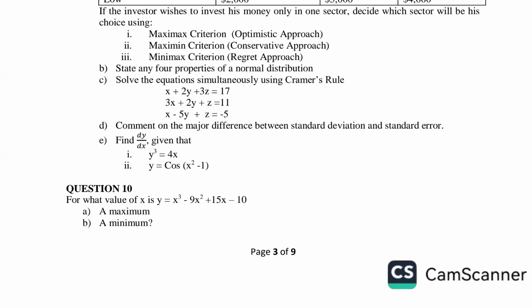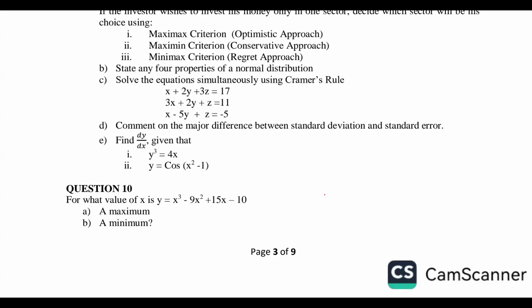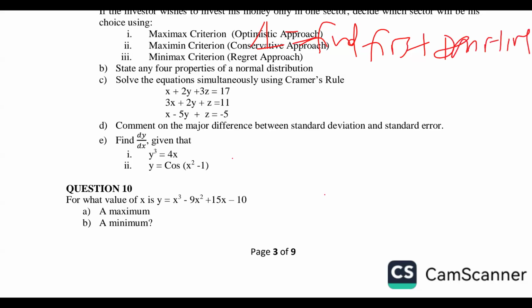To do this, you follow the following steps. I repeat. Number 1, find the first derivative, meaning derive the function. Number 2, set the first derivative you have found equal to 0.